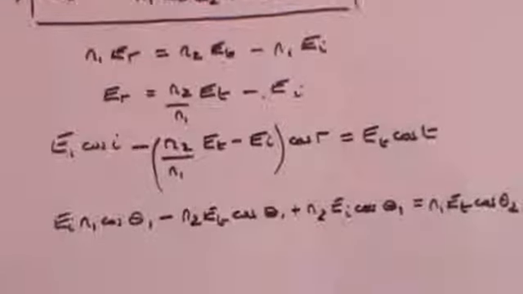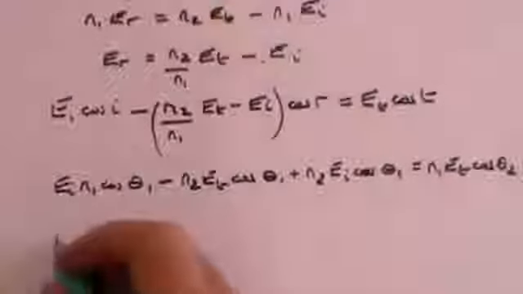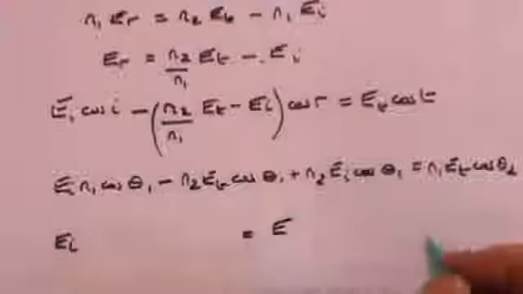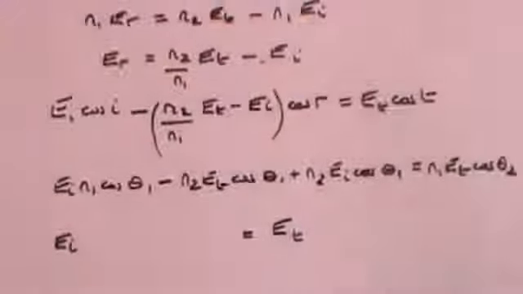And once again, the trick is to bring all the EI's to one side and to bring all the ET's to the other side.